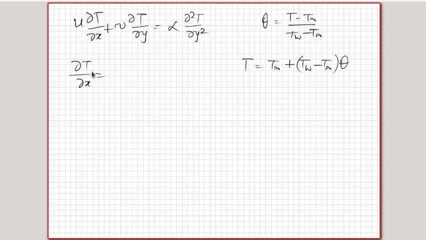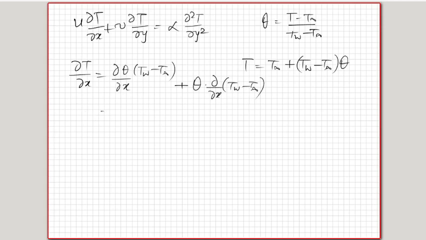So when I write this, the T infinity will give nothing, but this will have a product rule. So I'll have a del theta by del x into T wall minus T infinity, plus theta multiplied by del x of T wall minus T infinity. These are the two terms that I'll get.